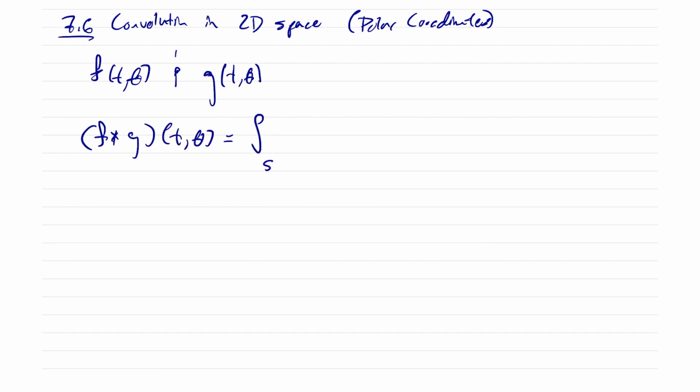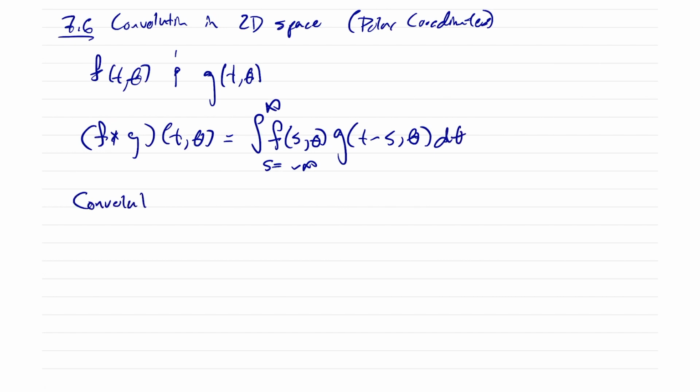We say it is the integral over s from negative infinity to infinity of f of s comma theta times g of t minus s comma theta, d s. And so convolution is only taken with respect to the radial variable.